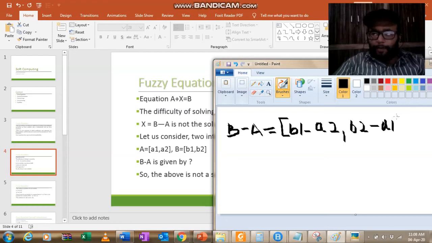This is the formula, no need to worry. This is a general formula, so that this has a lower value and this has a higher value. We are doing b minus a, and there is some reason for that.